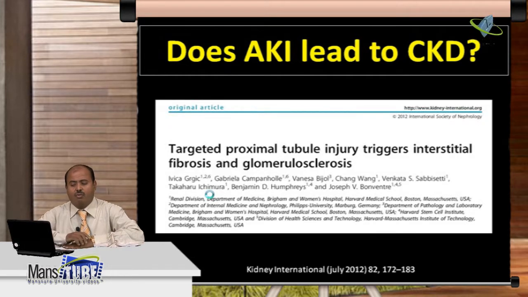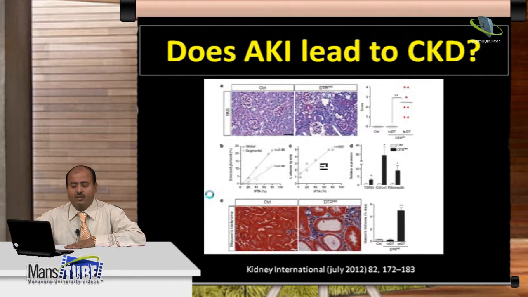And from this study, targeted proximal tubular injury triggers interstitial fibrosis and glomerulosclerosis. So this study showed that there is evidence for the reflection of acute tubular injury on CKD causation, as evidence here.